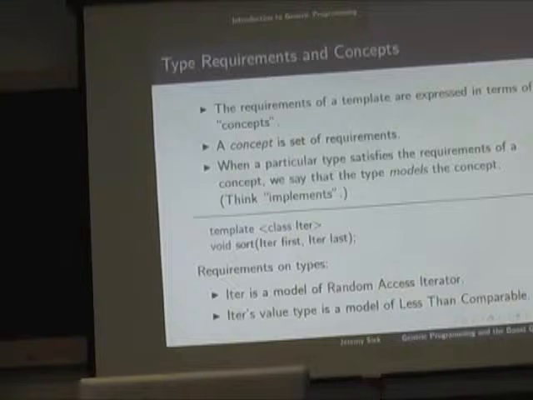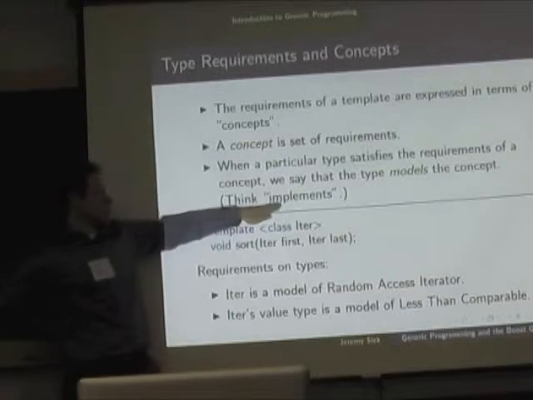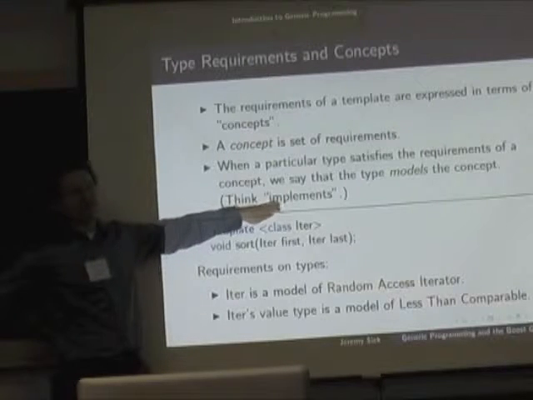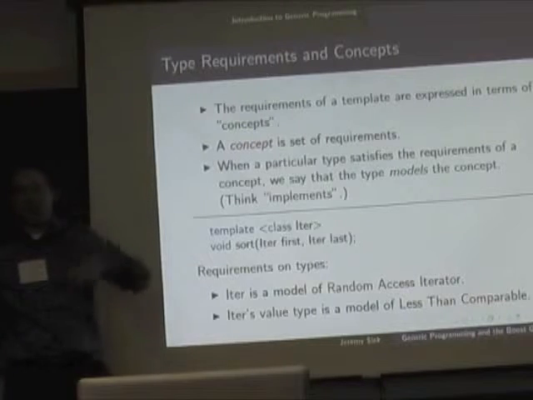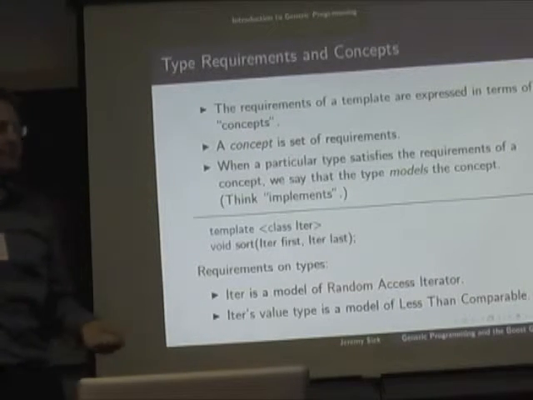We wanted to use models, but it conflicted with too much existing code, so we went searching for a new keyword, which was concept map. But from an English language standpoint, implements is probably the best word to keep in your head. You can think of it as a type implementing a concept.